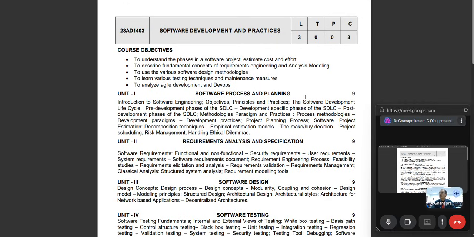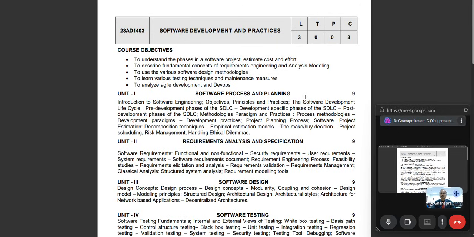Now we will look at the course objectives. The course objectives describe the subject: what knowledge we have about it, and how much knowledge we acquire in it. So first course objective: to understand the phases in a software project, and estimate cost and effort.